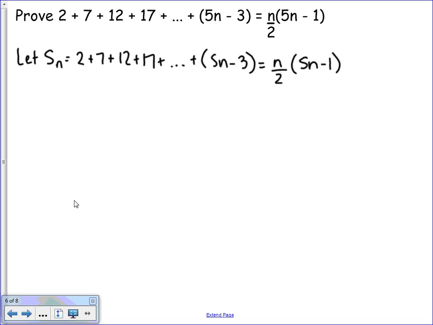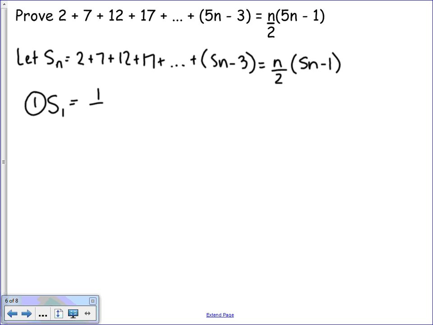Step 1, prove it for S sub 1. So every time you start with S sub 1. So step 1, prove for S sub 1. Which means you're going to the formula and you're plugging 1 in for n.